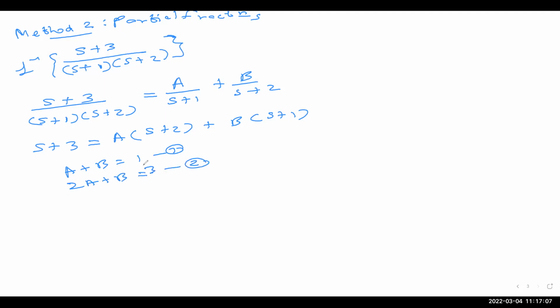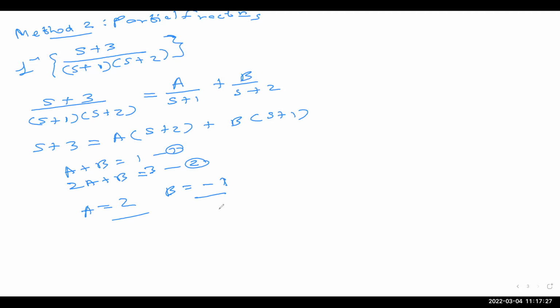So by substituting one into the other, we can get a is equal to 2 and b is equal to minus 1, right?